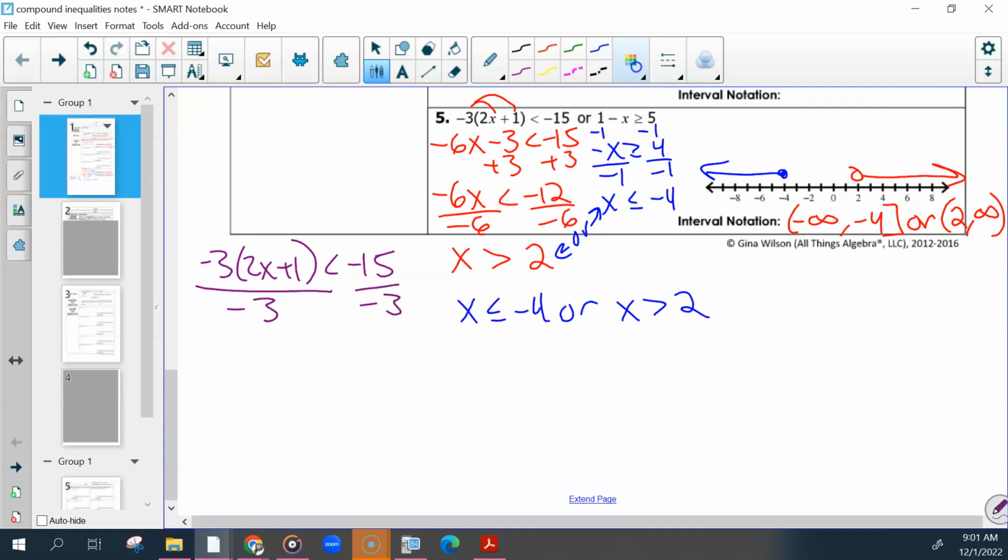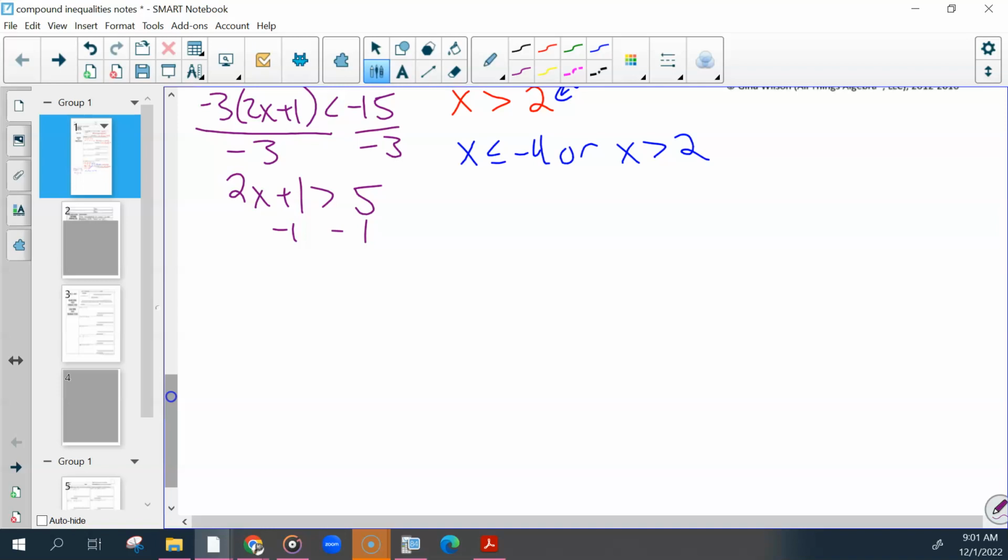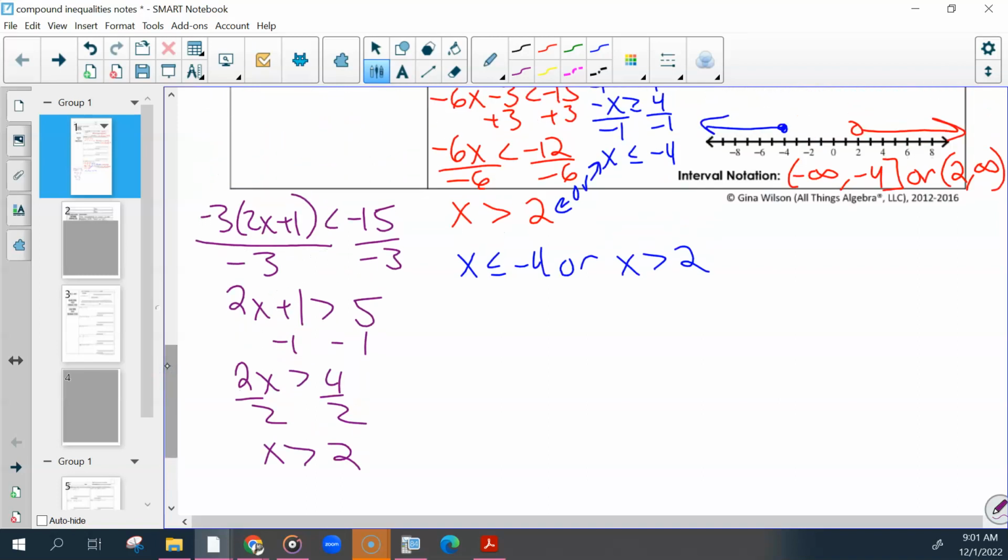But because I'm dividing everything by a negative, my sign is going to change directions. And then I would keep solving from there. So you get the same thing either way, as long as your math is correct.